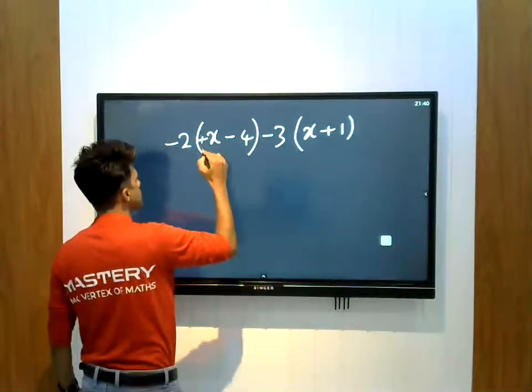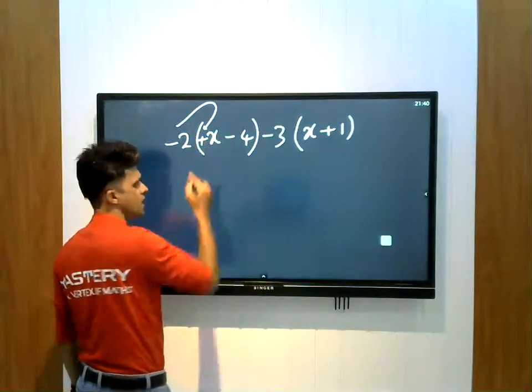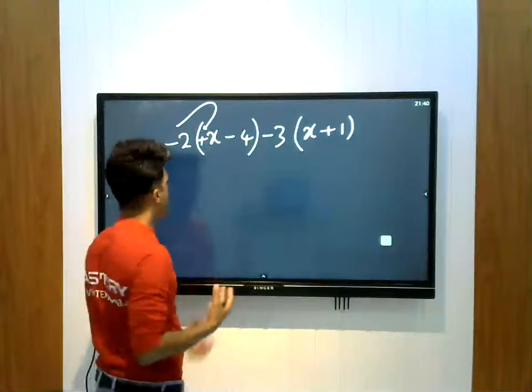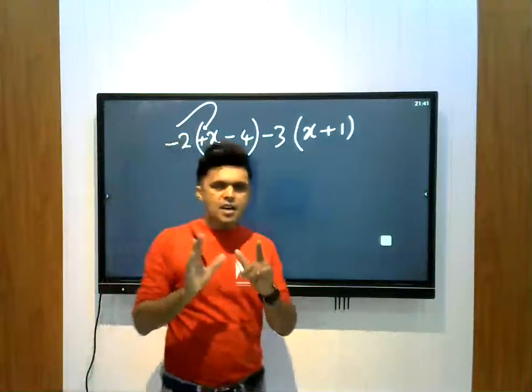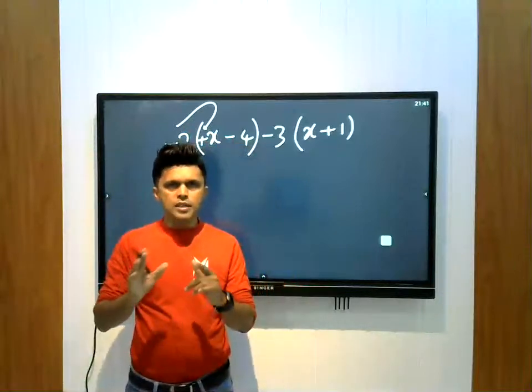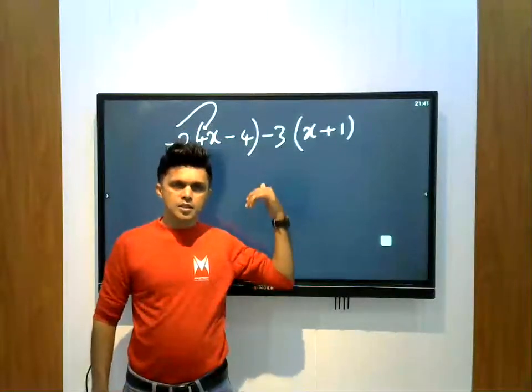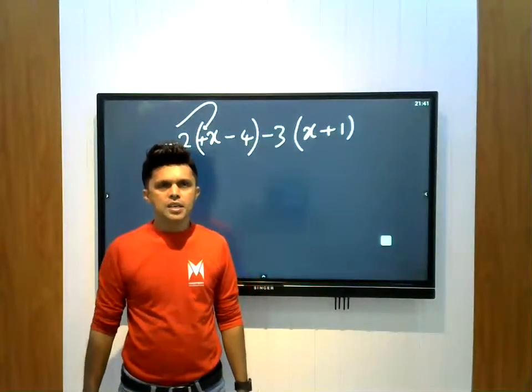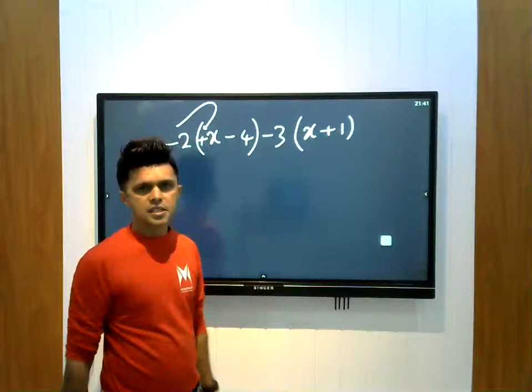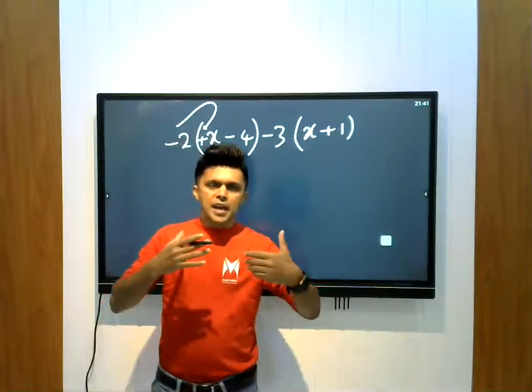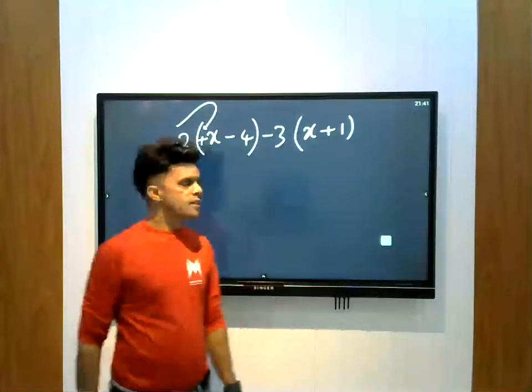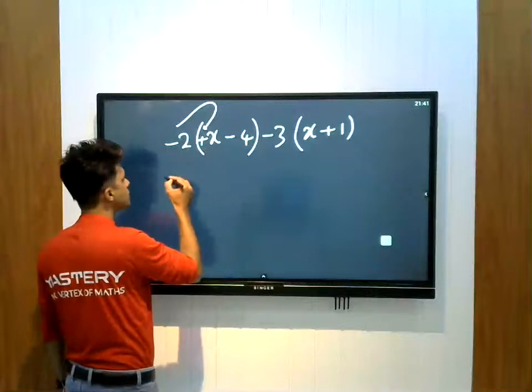Here minus, here plus. You do not want to write this positive sign every time, so that you can get an idea about these types of sums properly. Every time there is no need of mentioning these positive signs and negative signs. Minus into plus is minus.